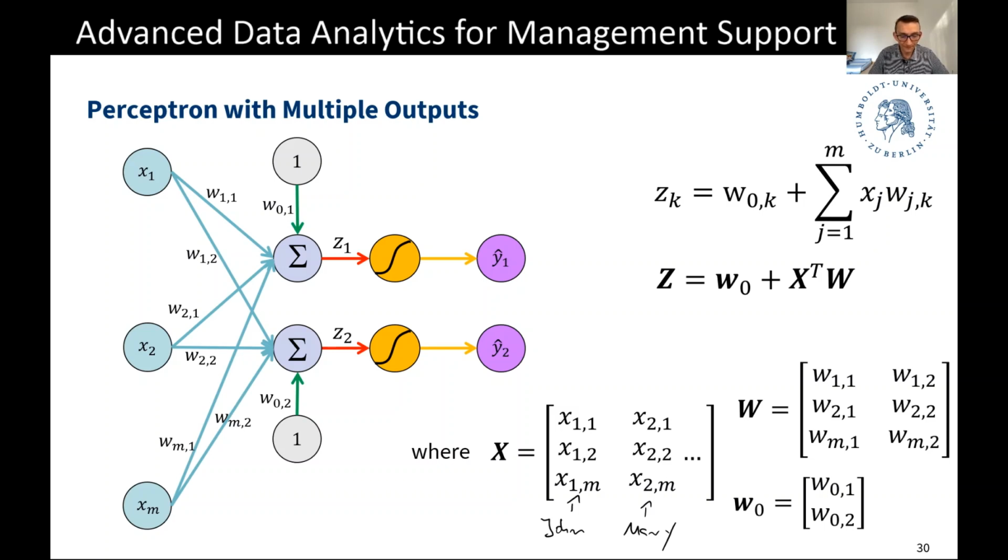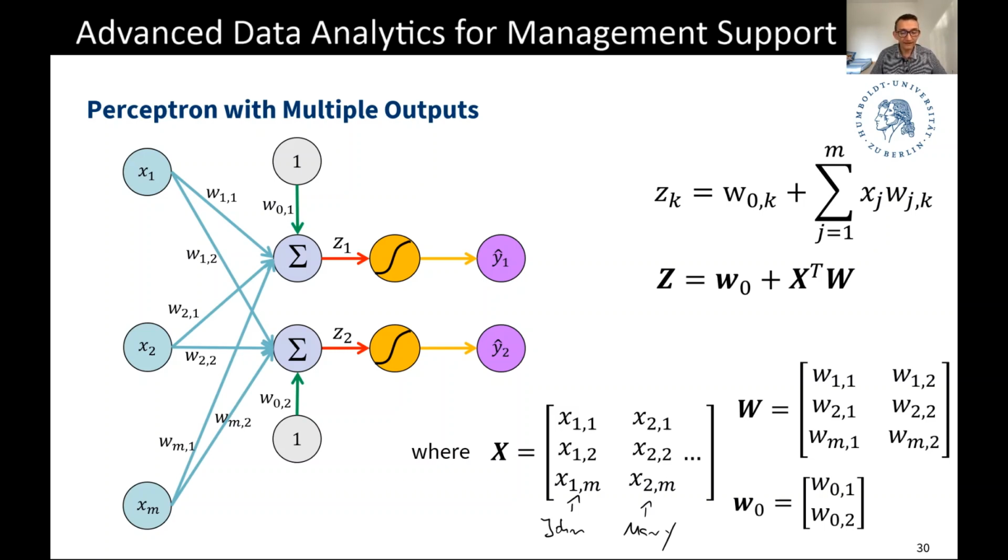Because we have two, our weight matrix has two columns, and since we have three input units, we see three rows in our weight matrix. And that certainly is always the case.